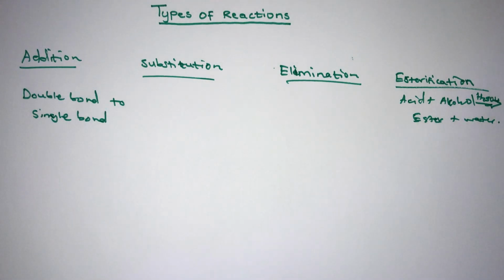So if it's addition reaction, you will see a double bond, and at the end the product is going to be a single bond. That means we break that double bond and form a single bond, as long as it's addition reaction.